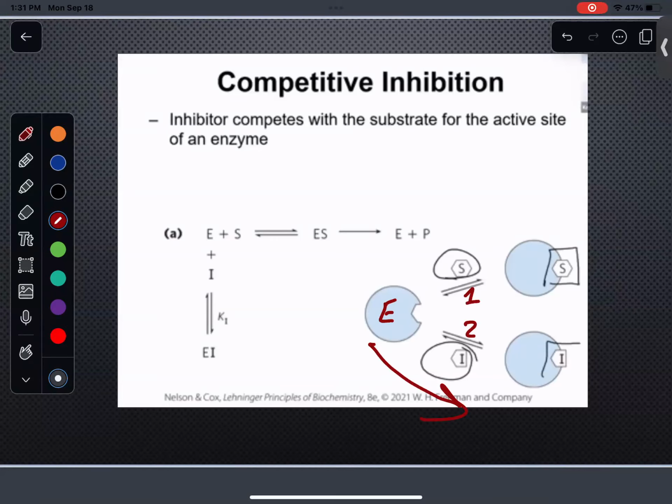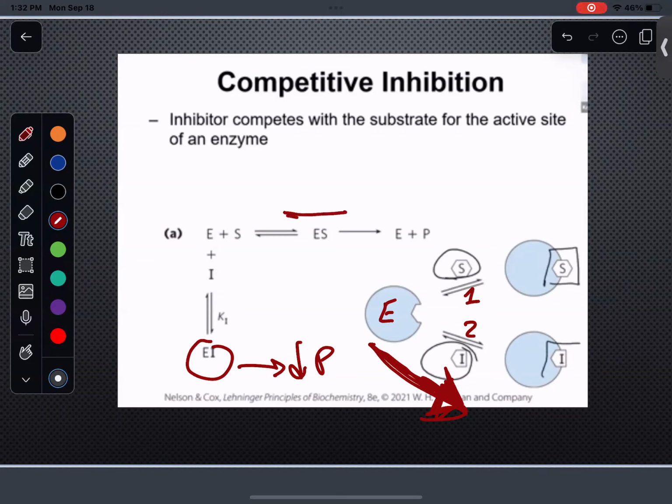But as you add more inhibitor, we're going to see more enzyme inhibitor complexes forming, and less product forming as a result, right? If I add more substrate in the presence of an inhibitor, we're going to go this way a little bit more.